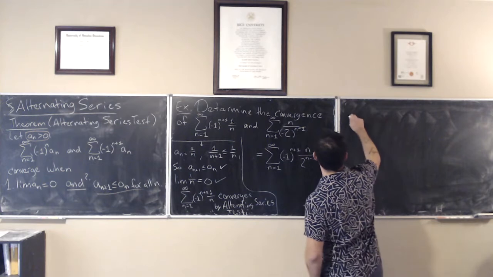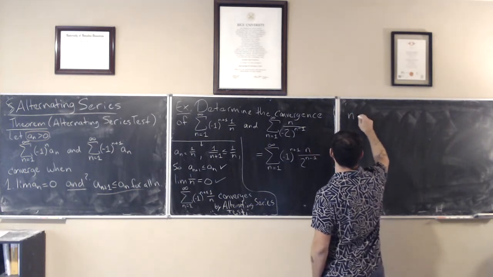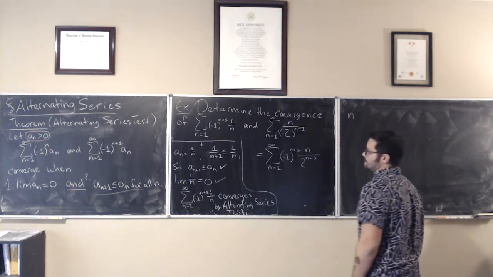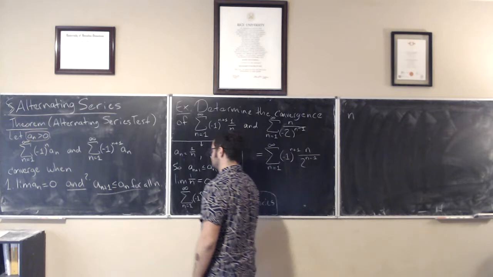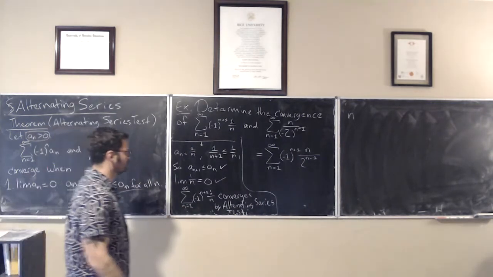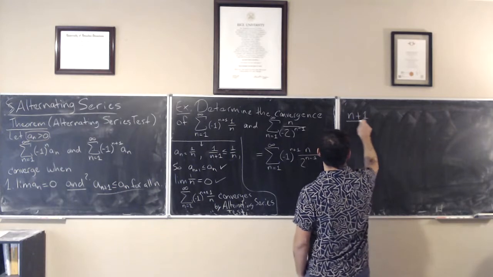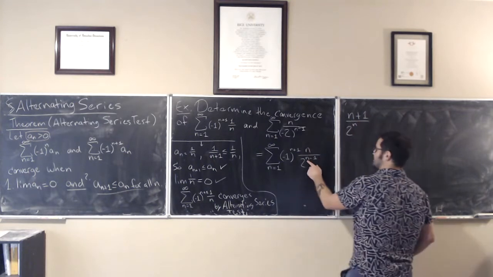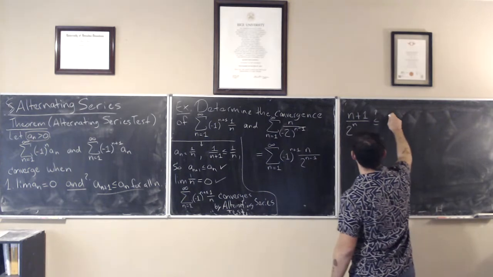So notice that n is, what do I want to say? I need to show that, so what is n plus 1? So n plus 1 over 2n, but replace that by n plus 1, minus 1 goes away. We want to know if this is true.